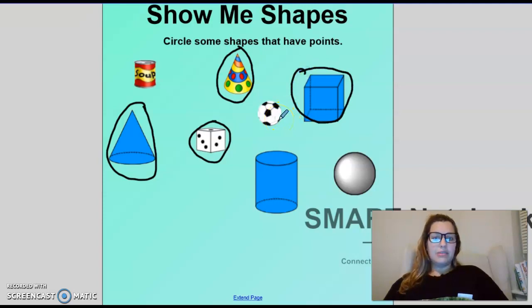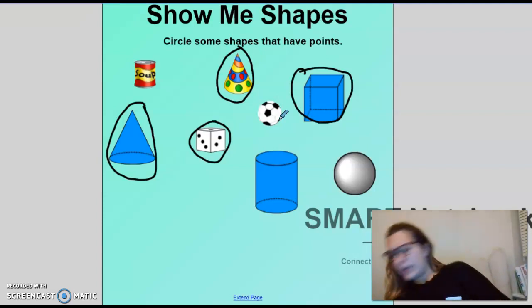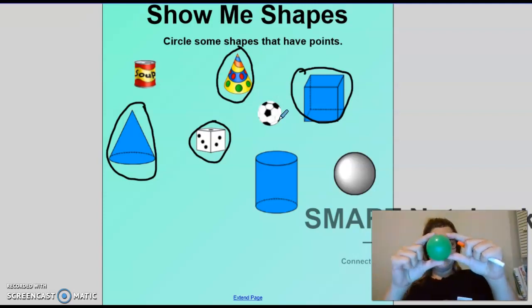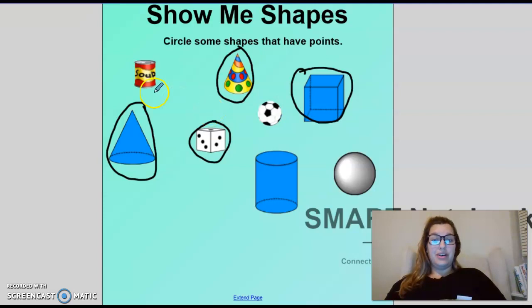Look at the soccer ball. Does it have any points? It's a sphere. Are there any points on here? Nope. So we circled all the shapes that have points. Great job. So if we circled the shapes that have points, the ones we didn't circle don't have points.